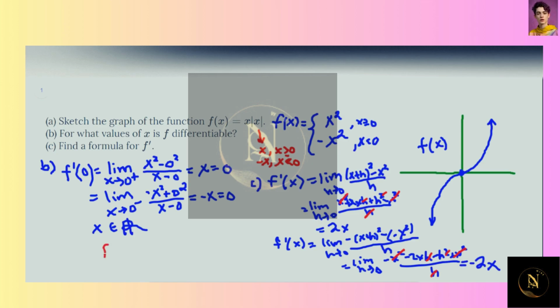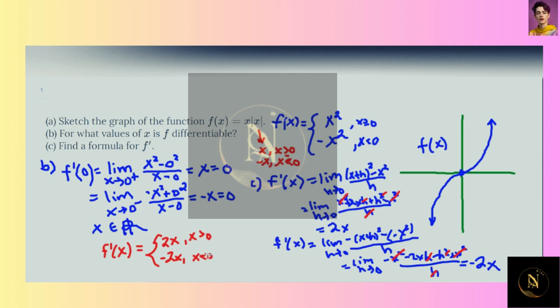So we conclude the derivative function can be written as a piecewise function. It is 2x when x is greater than 0. It is negative 2x when x is less than 0. And we've already confirmed that the derivative is 0 at x equals 0.